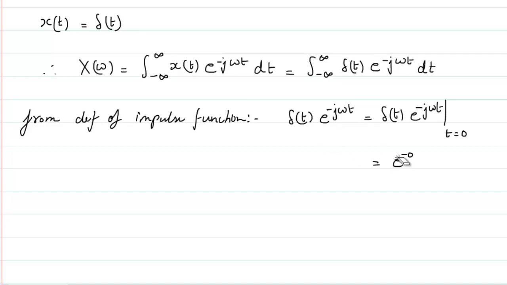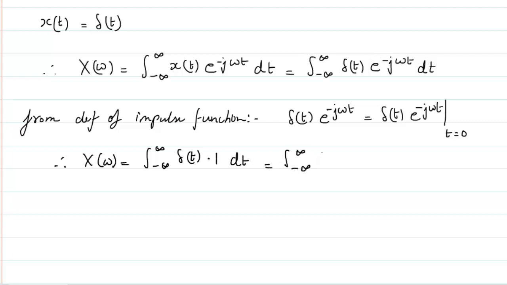Okay, so therefore x of omega is equal to the integral from minus infinity to infinity delta t into 1 dt, which is basically the integral from minus infinity to infinity of delta t dt, correct?